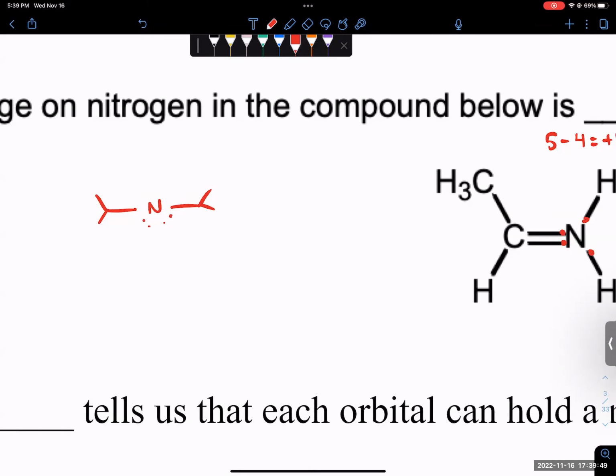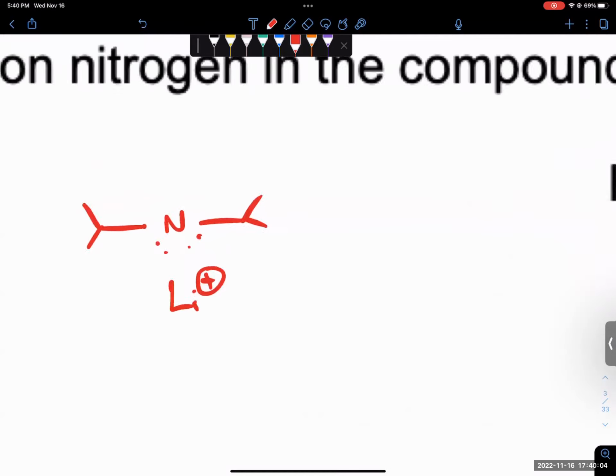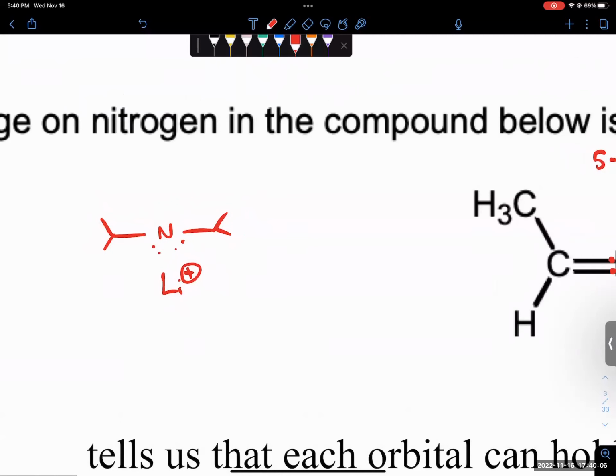All right, what is the formal charge? I wanted to give something that Audie didn't know. He knows everything. I never said that. What's the formal charge on nitrogen? I'm guessing minus.